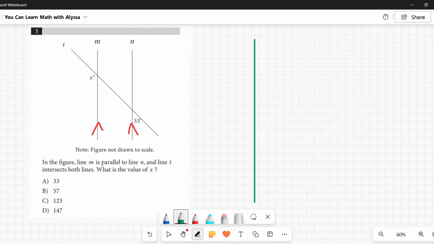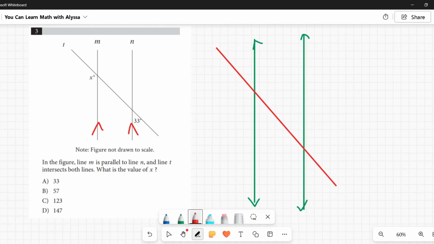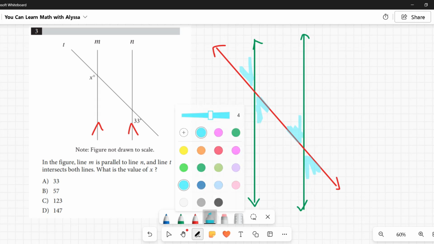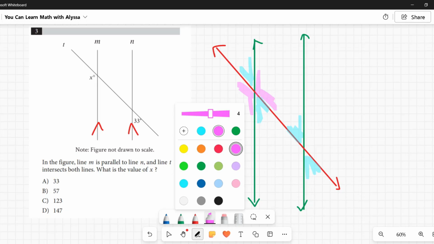Fine, Microsoft, I will draw it vertically and then we'll do it that way. You're going to see it in your math books horizontally. That's why I tend to draw it that way, but it's the same thing. So we got our little matching ones there, and then we have our matching ones there.